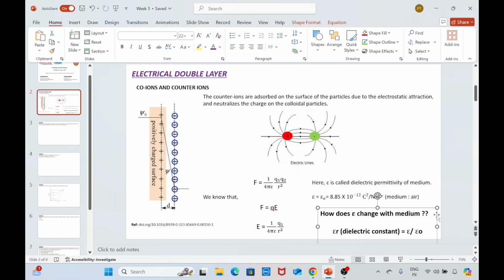For the time being, I've given you the expression to calculate the dielectric permittivity of the medium based on the dielectric constant value that will be given to you, and the value of epsilon naught. But that is only a mathematical expression, just for calculation purposes. The real thing we should know is how your epsilon changes with the medium.